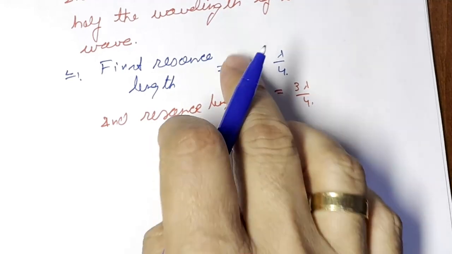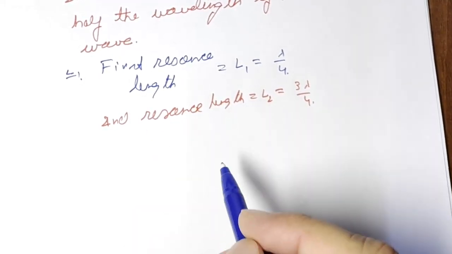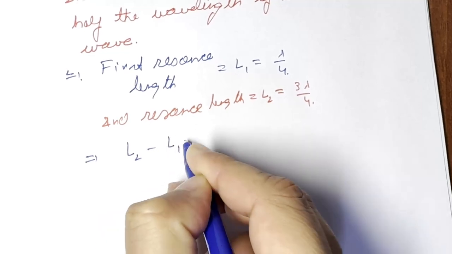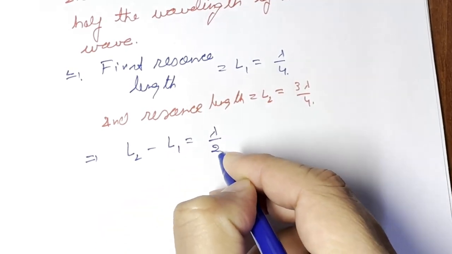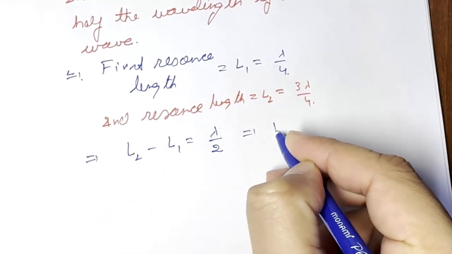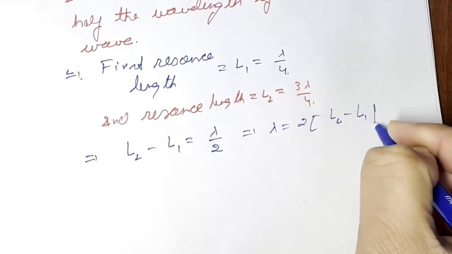Like I said, the difference between the two lengths will be equal to lambda by 2. Therefore L2 minus L1 is equal to lambda by 2, and from here lambda is equal to twice L2 minus L1.